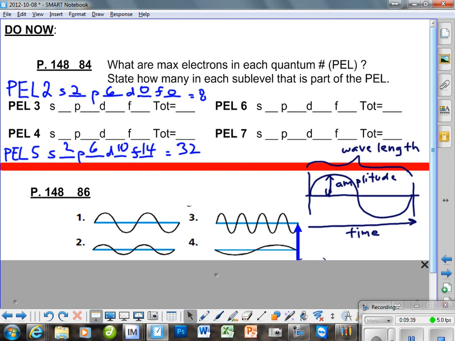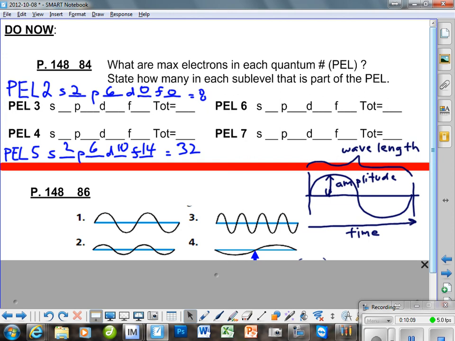So this has 4 waves in the same period of time that this one down here has only 1. It started with a negative amplitude, and then it went up and then back down. So it doesn't matter where it starts, a dip or a rise, it's still going to give you half a wave between where it leaves the origin and where it gets back to the origin.